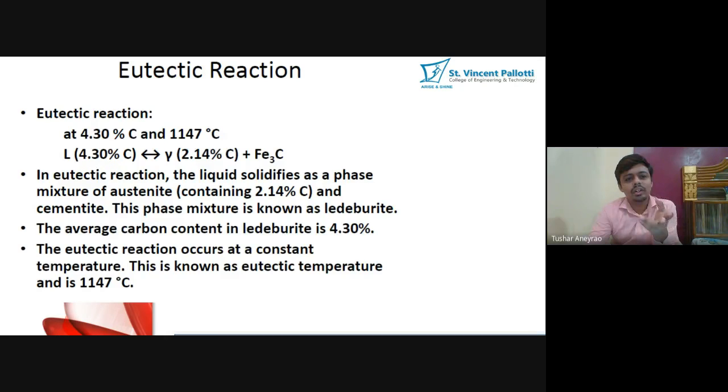Now in the eutectic reaction, the liquid solidifies as a phase mixture of austenite containing 2.14% carbon and cementite containing 6.7% carbon. Now the question should come into your mind that here we have 4.3% carbon.